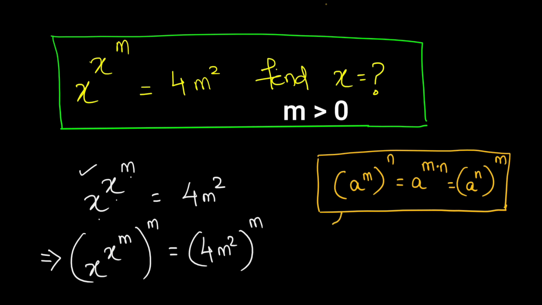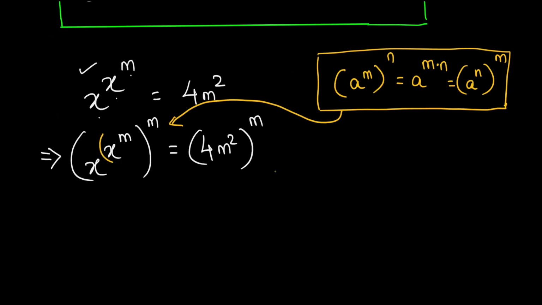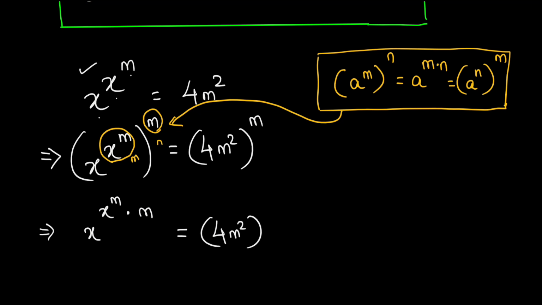So let us apply this formula here. We can consider this as m and this as n. So applying this formula, we can rewrite this equation as x to the power m, that is x to the power m into n, that is m, is equal to 4m square whole to the power m.